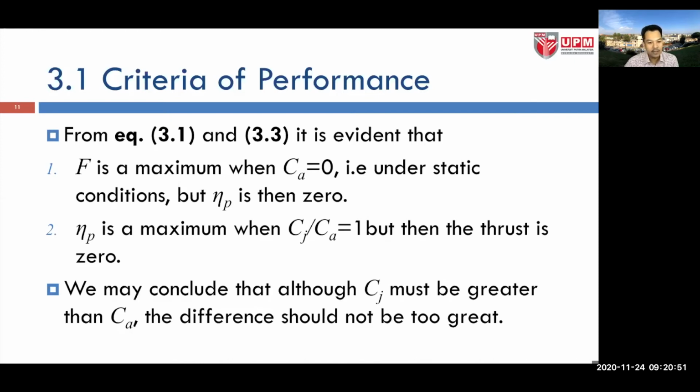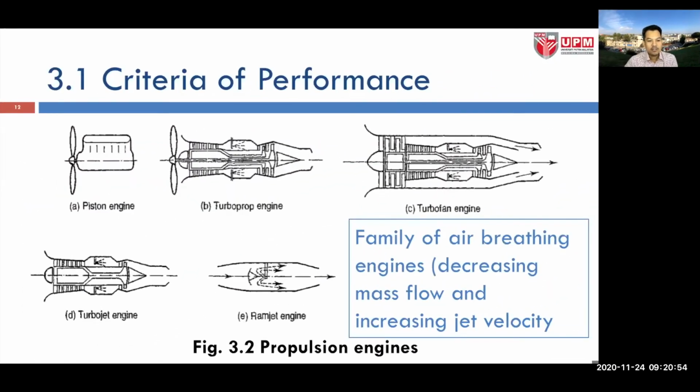So this is a family of air breathing engines. We have the piston engine, the turboprop engine, turbofan engine, turbojet, as well as the ramjet. These are the air breathing engine family, and it is decreasing mass flow. So what do we mean by that?